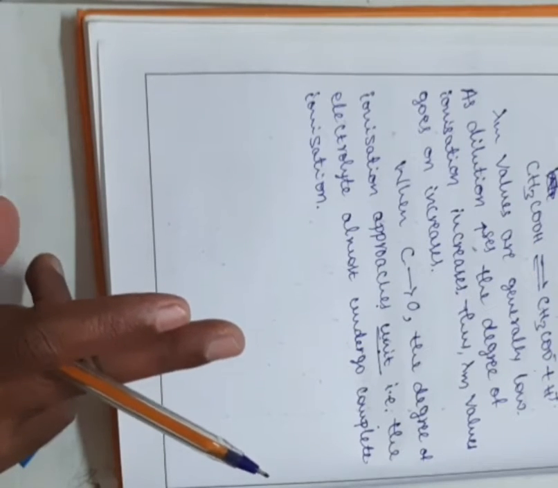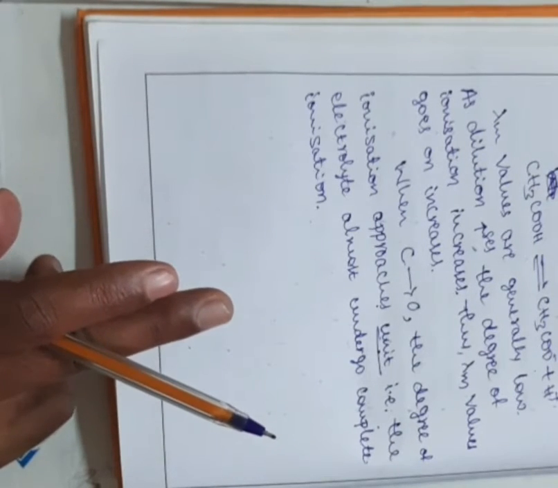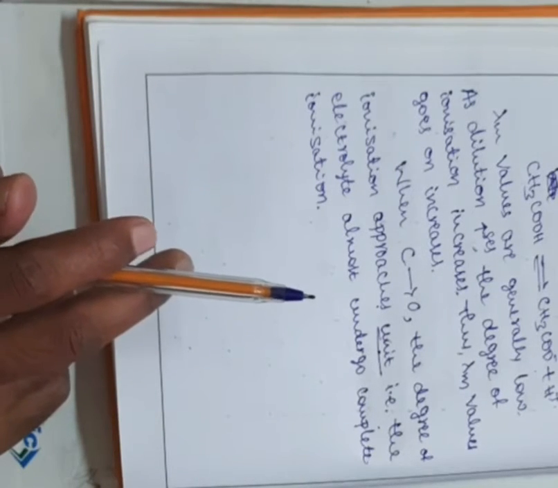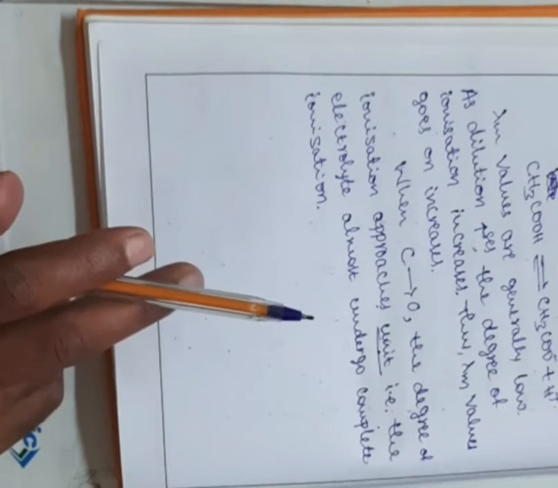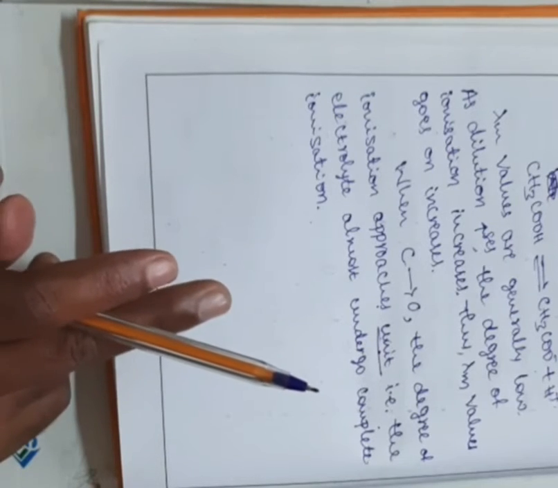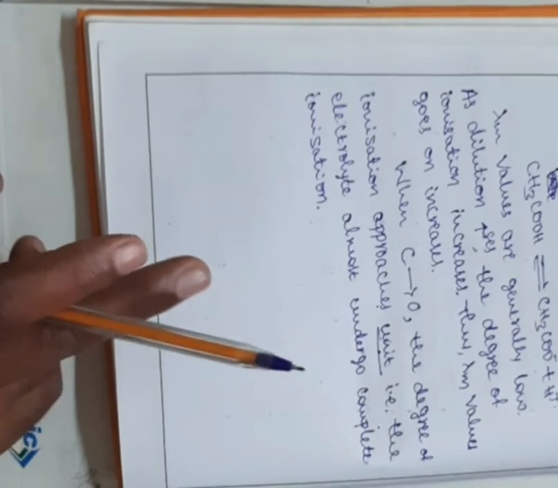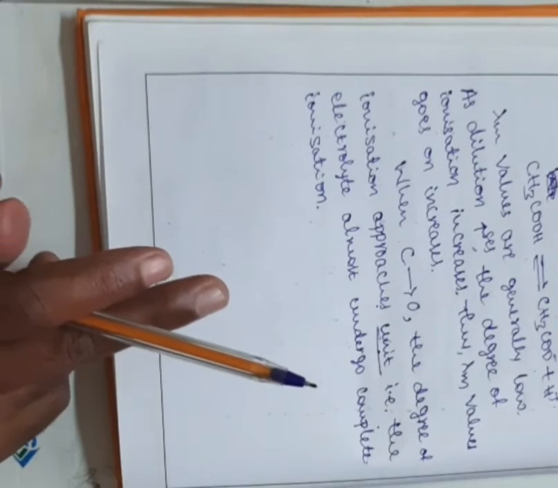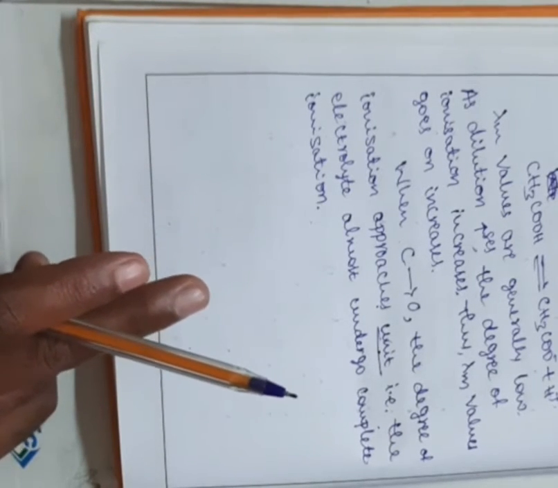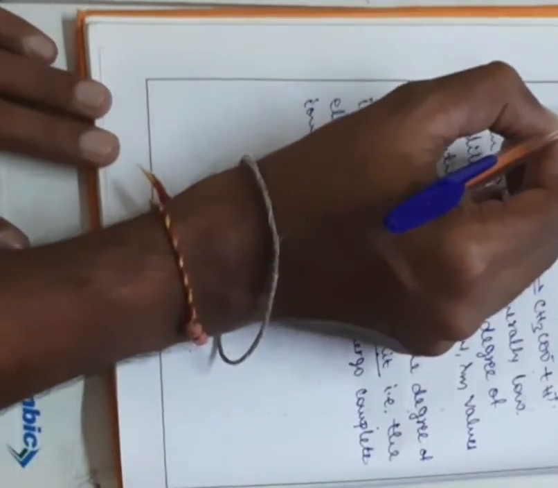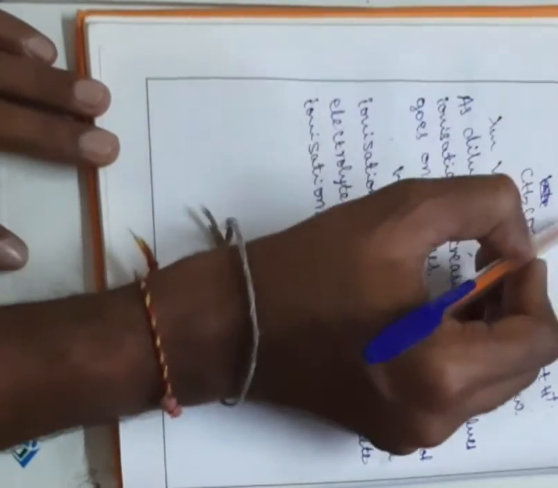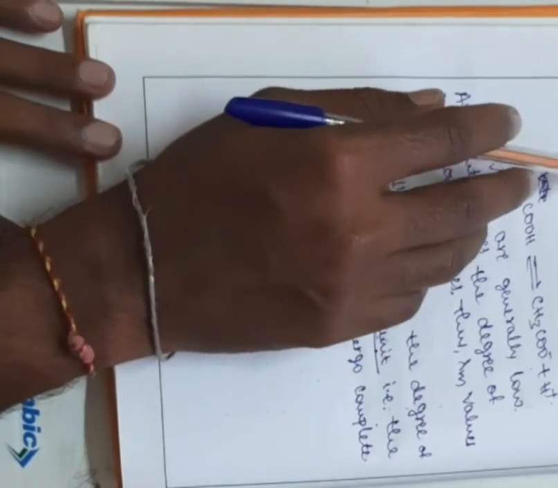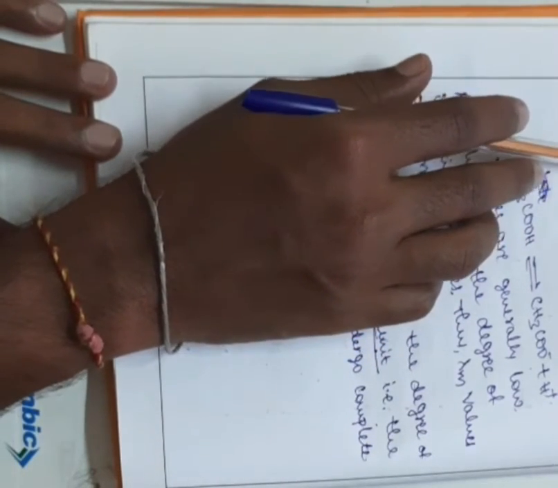So in order to determine that, a mathematical equation was developed, known as the Debye-Huckel-Onsager equation. That is lambda m is equal to lambda m naught minus a root c. If you plot a graph of lambda m versus root c, you will get this type of graph.